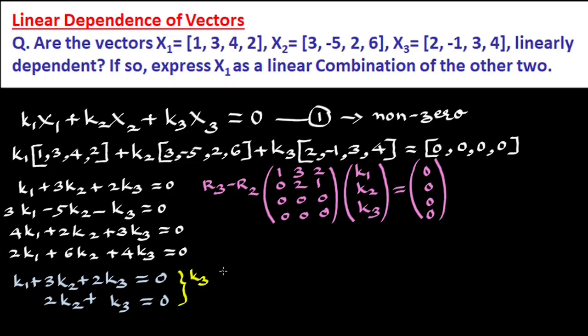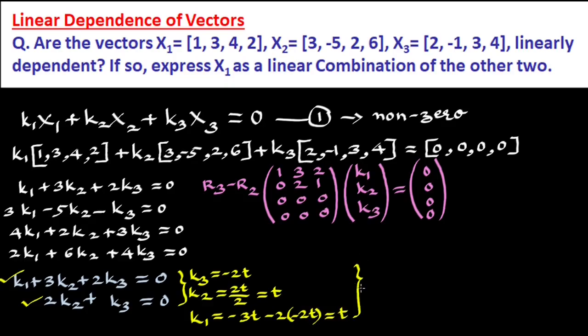Hence we write k3 equals minus 2t. t is parameter. That gives, from this second equation, k2 equals 2t upon 2, that is t, and k1 from this first equation minus 3t minus 2 times minus 2t, which will be t. Here k1, k2, k3 are not all zeros.